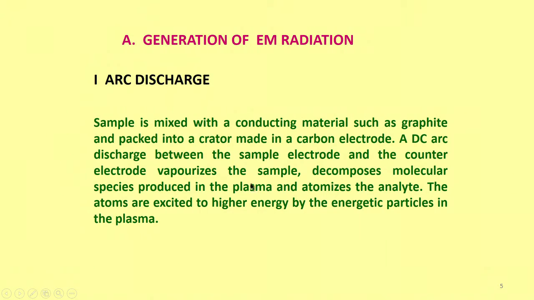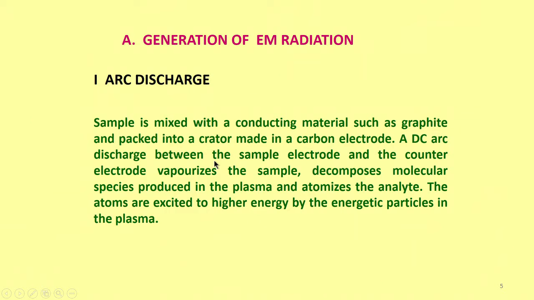In one rod you make a small hole, put your sample in that and strike an arc between the two. This arc generates a very high temperature of about 6 to 8,000 degrees centigrade, which can be used for excitation of the sample.